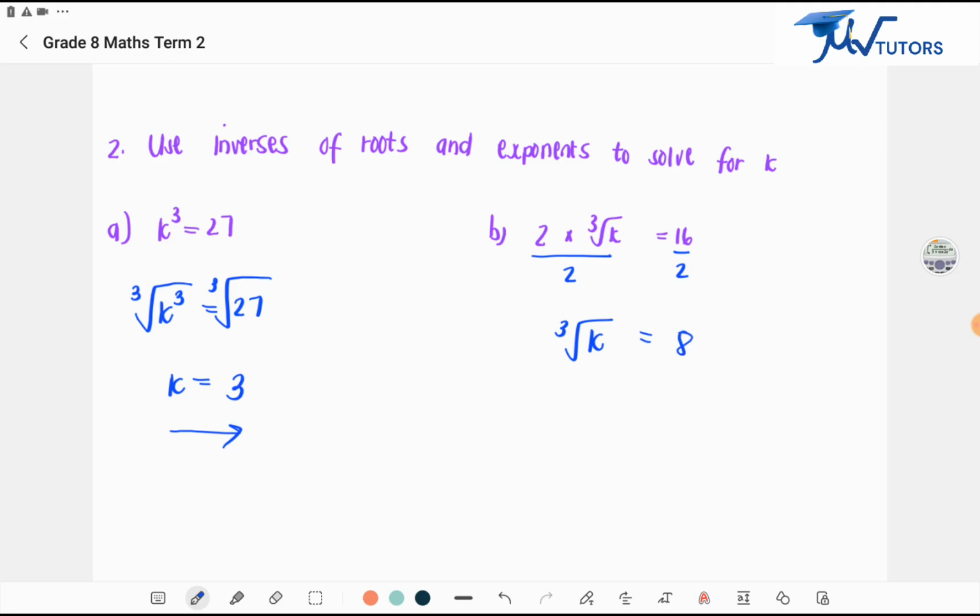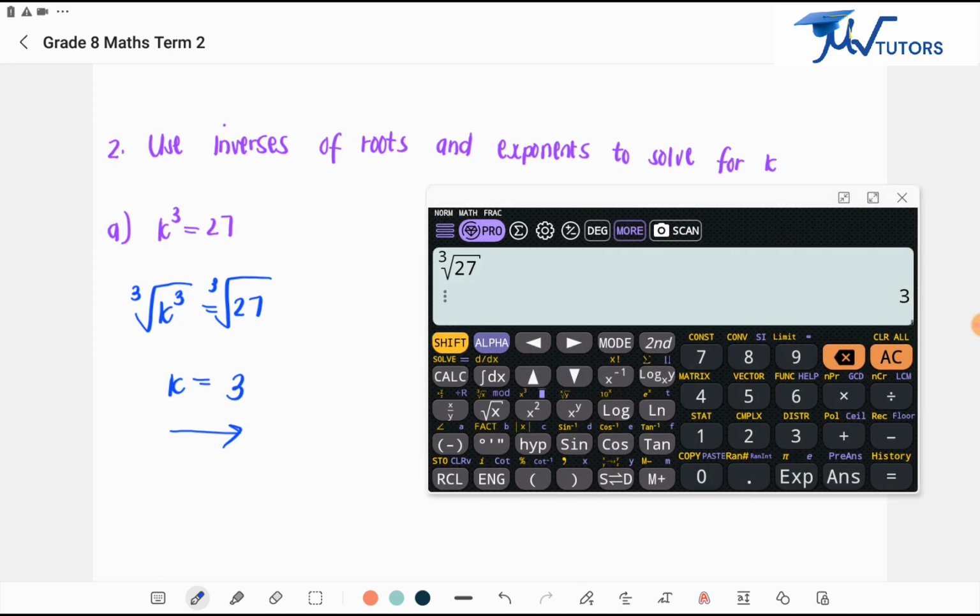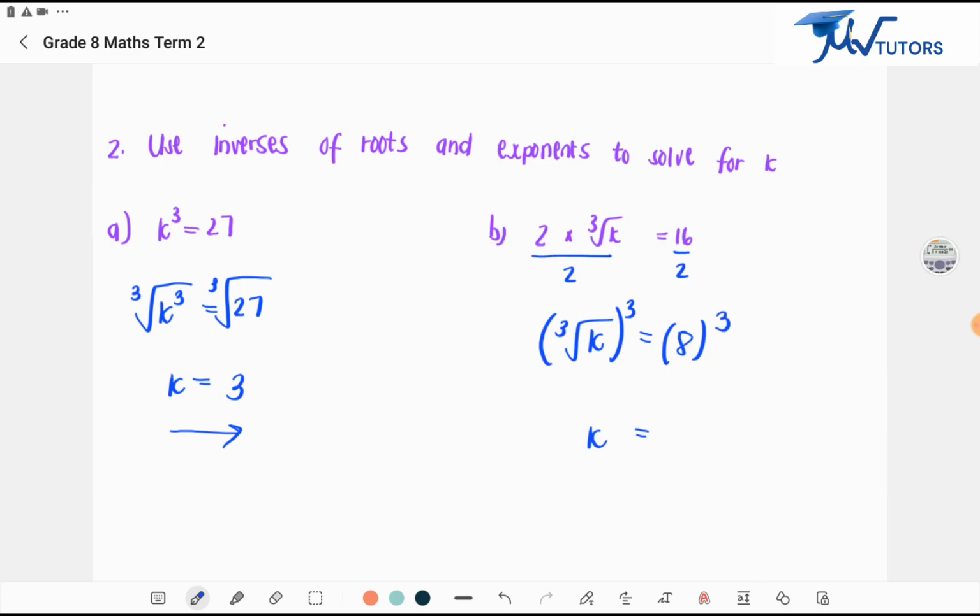Now how am I going to get rid of this cube root? I am going to cube it. What I do on the left, I also do on the right. So now I'm left with k. Now what is 8 to the power 3? I actually don't know. Let's see. It's 512. Okay, there we go.